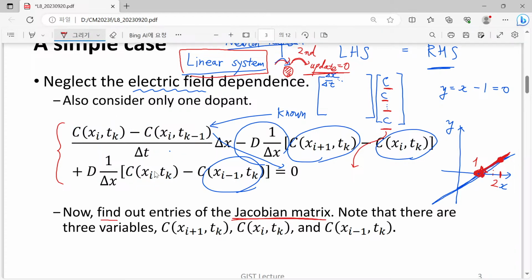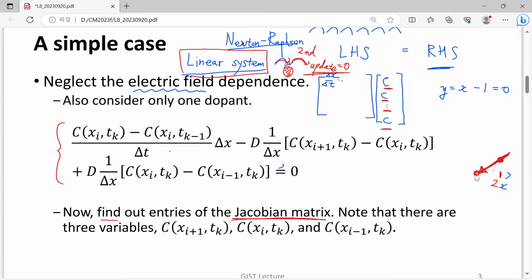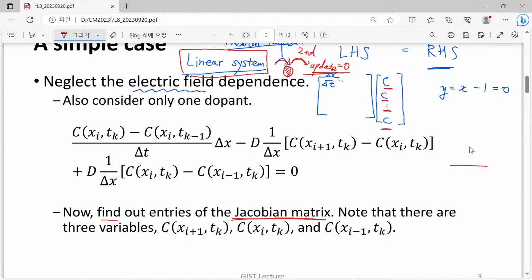It is easy because you have to take the derivative with respect to your unknown variables. So what you have to do is just to make a partial derivative of your left hand side with respect to what?